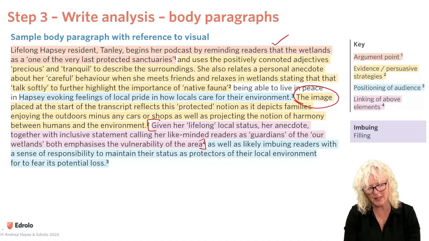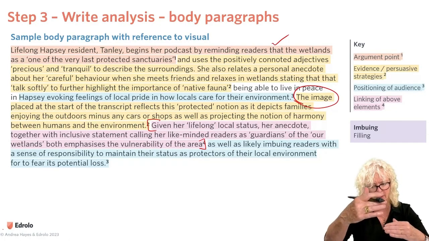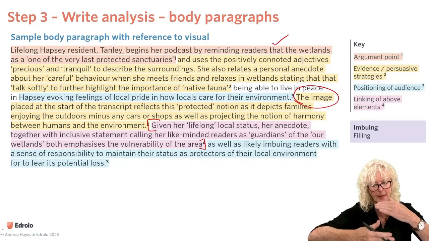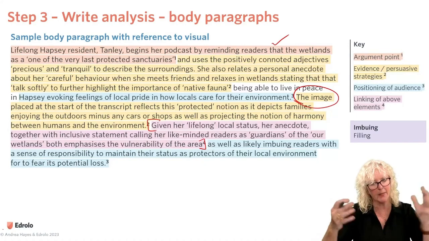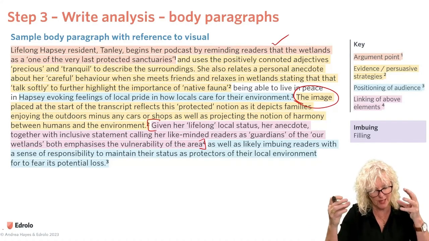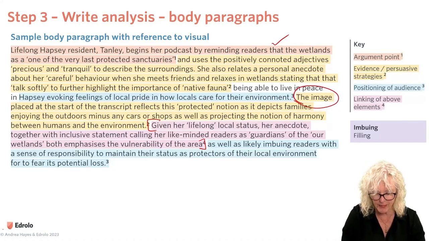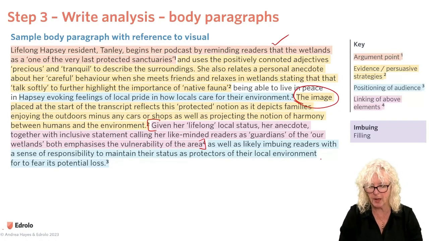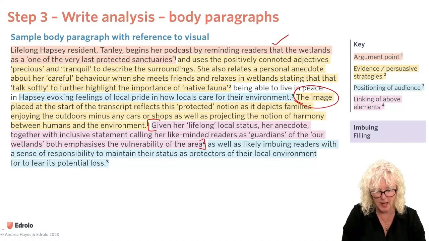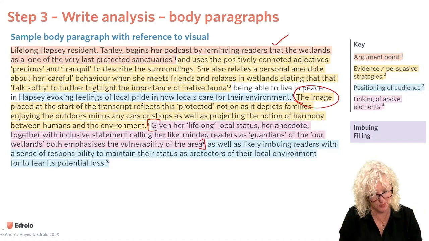So this pink sentence here is an example of linking the persuasive strategies, how they work together to create some sort of feeling or emotion. And then quickly followed up by positioning the audience, as well as likely imbuing readers with a sense of responsibility to maintain their status as protectors.